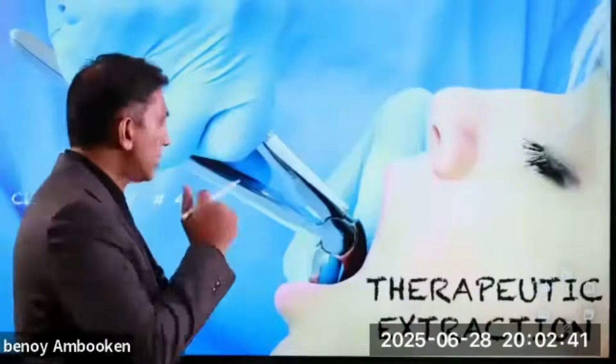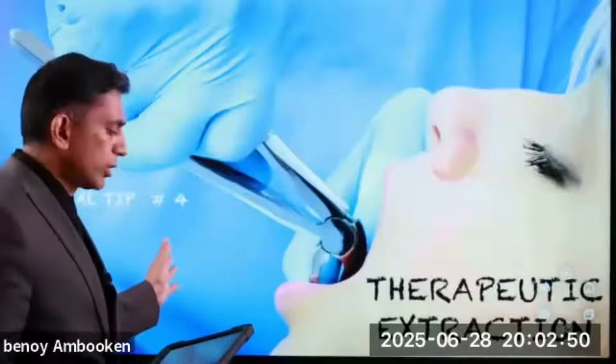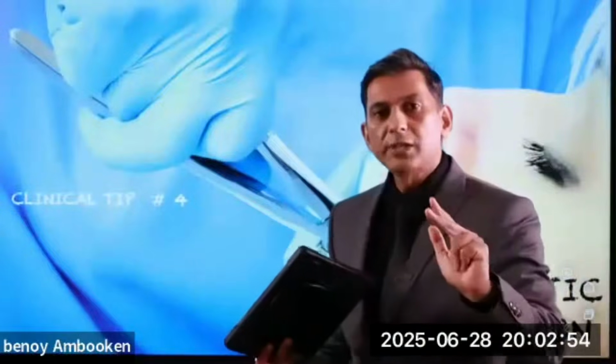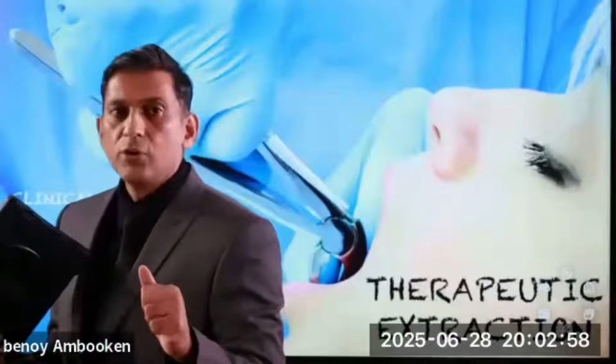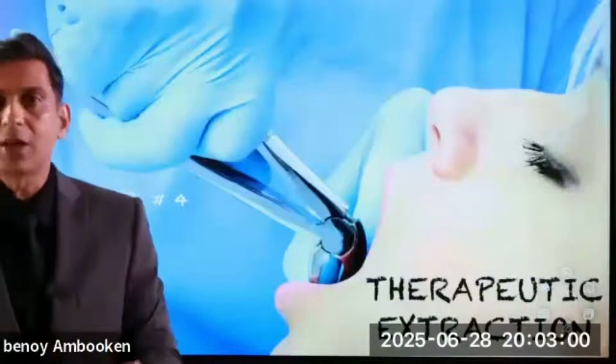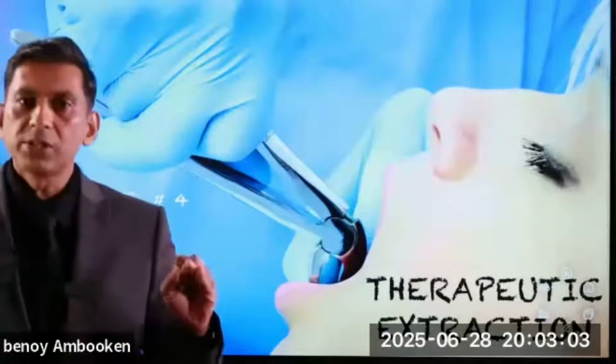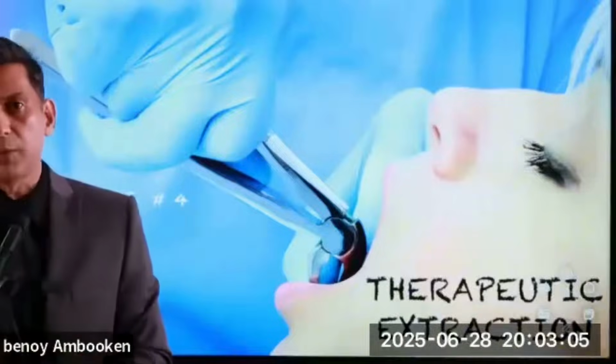Now, coming to therapeutic extraction, something very important. We are going slowly into the clinical part. When you come to clinical point 4, I'm going to tell. So for clinical point 1, I mentioned looking into the preventive, interceptive, corrective, and surgical parts. The second part I mentioned is that you have to plan for oral habit correction. The third part is that you have to plan for the interceptive part.